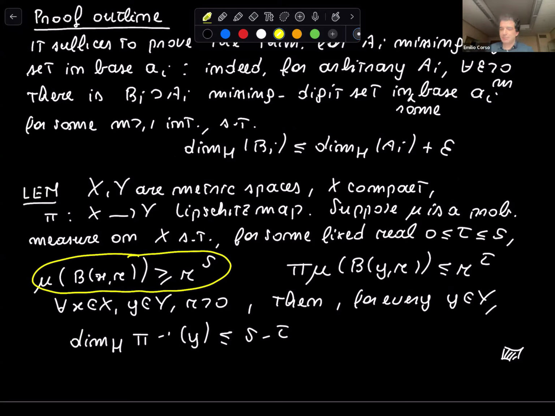This condition says that mu has somehow dimension at most S, Hausdorff dimension or any dimension you can imagine, at most S. Whereas this condition here says that the projection has, in a very strong uniform sense, Hausdorff dimension at least T. So if you imagine, you start with a measure on X whose dimension is at most S and projects to a measure whose dimension is at least T, then the fiber should be very small in dimension, namely the natural upper bound is the difference between the dimension of what you have in the domain and what you have in the target set, which is S minus T.